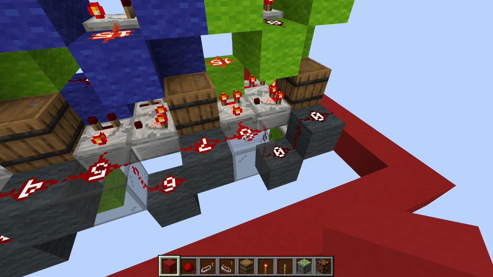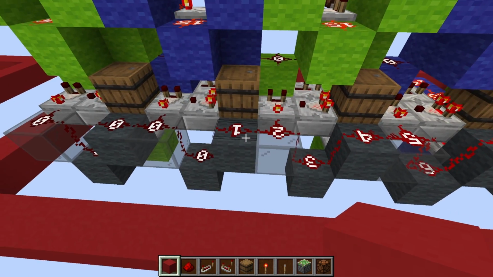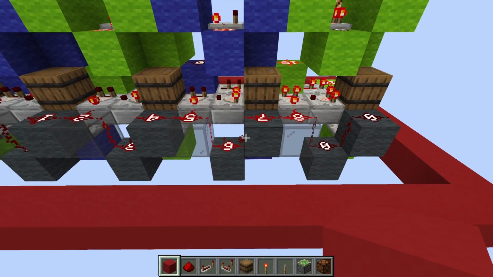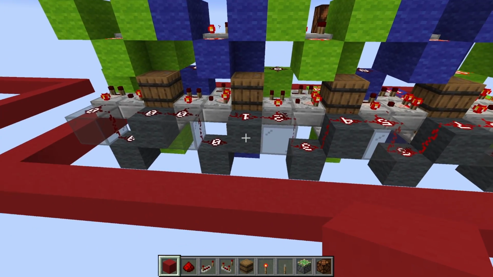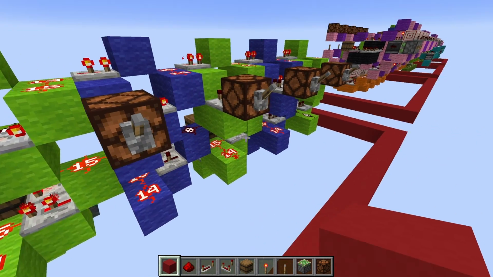Now, why is this important? This very specific signal strength is just enough to reach this very last piece of wool. And so you can see that it reaches 1, 2, 3 pieces of wool, i.e. it marks the next 3 as available.